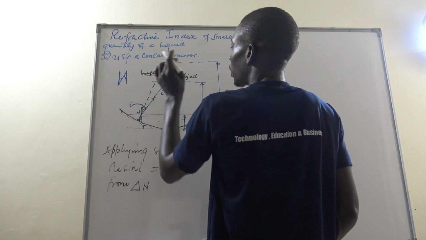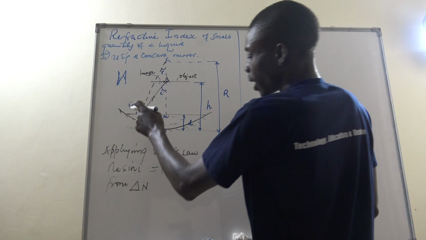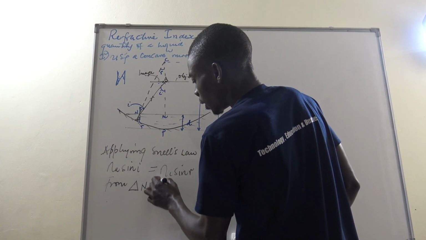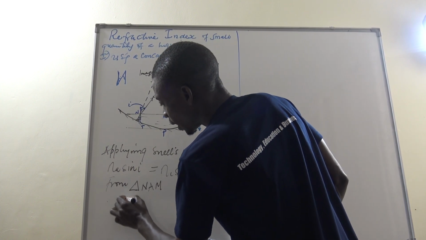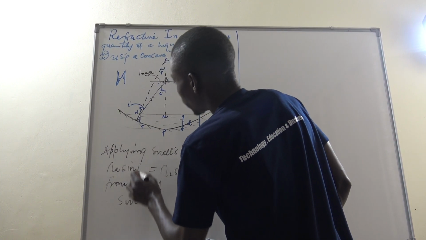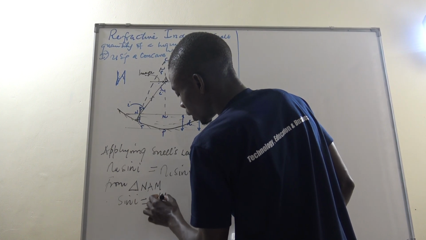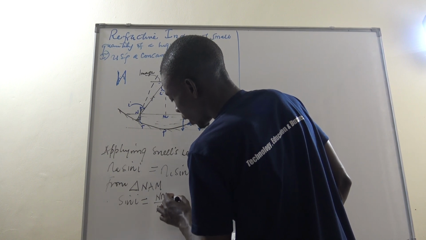Is that okay? So I can say from triangle NMA, from this triangle here, sine of I equal to opposite over hypotenuse, which is NA.